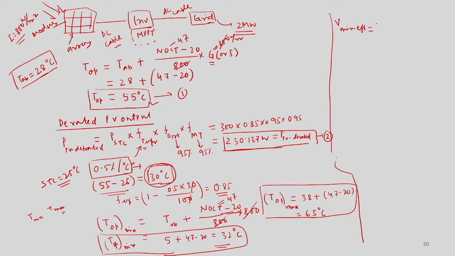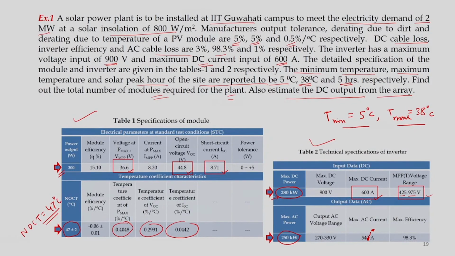We will use this equation: V MP STC minus gamma P multiplied by T OP max minus T STC. We can substitute these values. V MP STC, you can go back to the last slides, is something like 36.6.